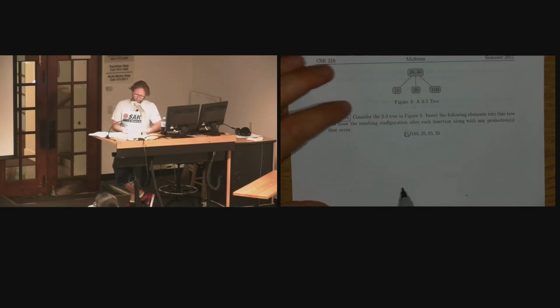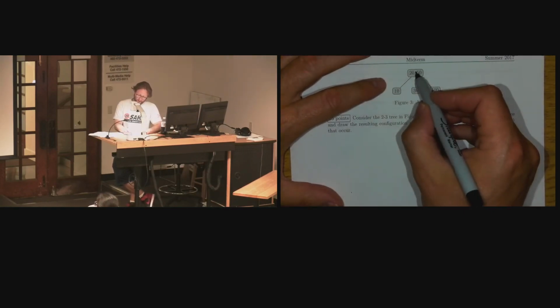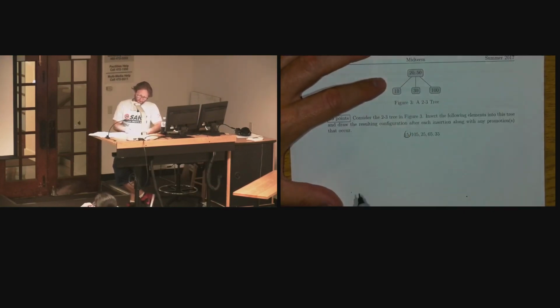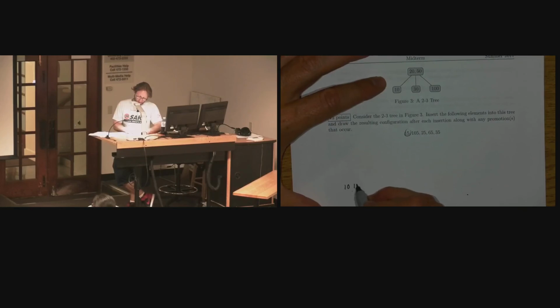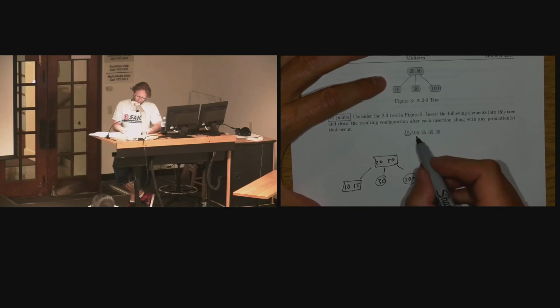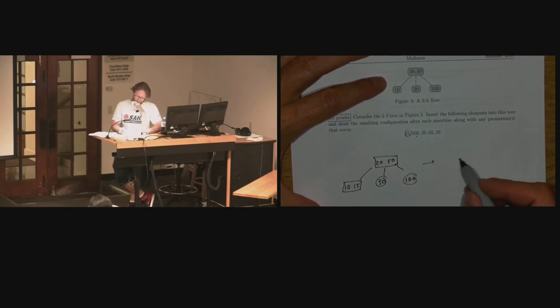Let's go with 15. 15 is less, so it ends up getting inserted as a companion to 10. 30 and 100. 105, there's plenty of room here, so 30, 20, 50, 100, and 105, 30, 10, and 15.